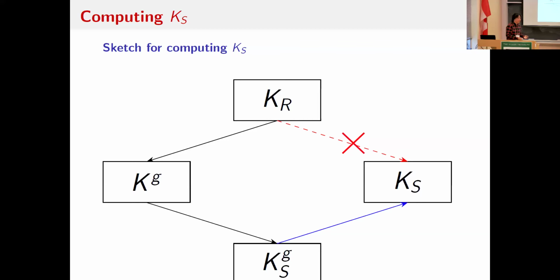Then we are done? Unfortunately, it is not, because the KS is too large to compute the Betti numbers using the computer. Because of that, we have to refine the KS by removing the vertices.